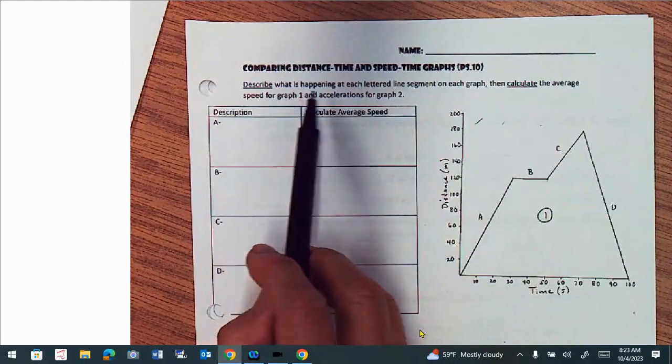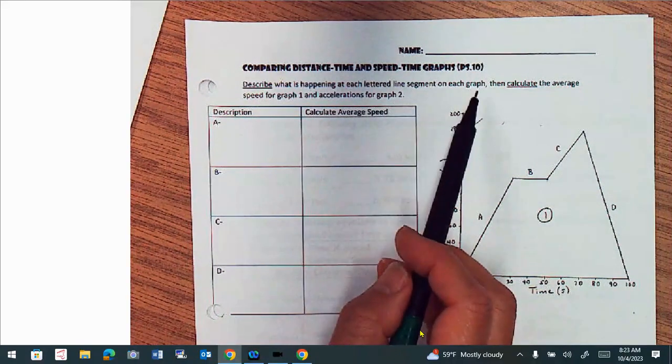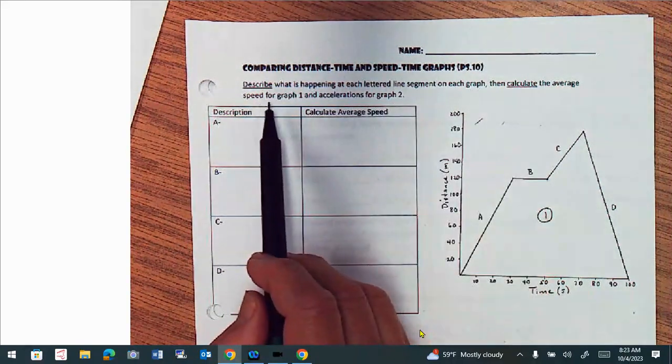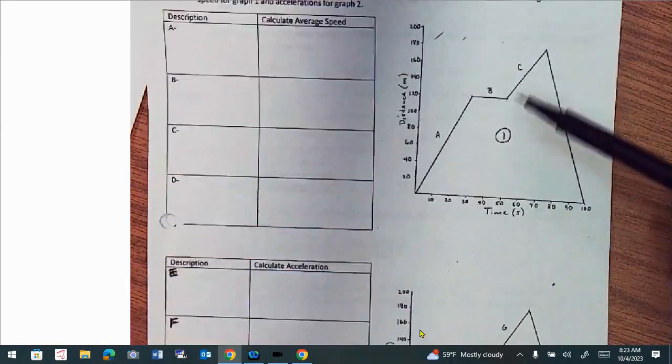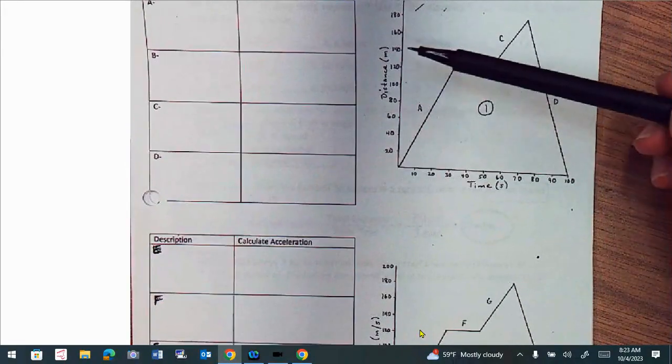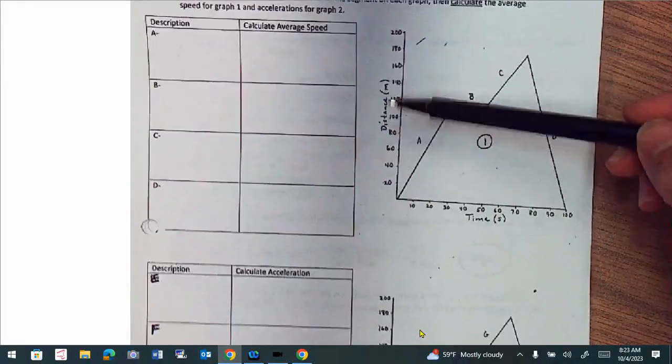You're describing what is happening to each lettered line in each graph, and then you're calculating the average speed for graph 1 and accelerations for graph 2. The only thing different between these two graphs is the vertical axis.